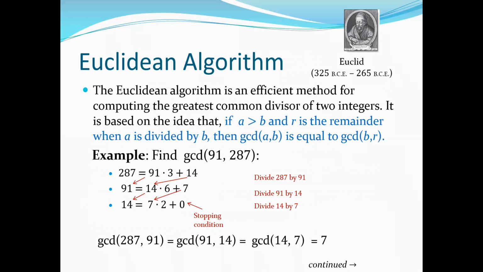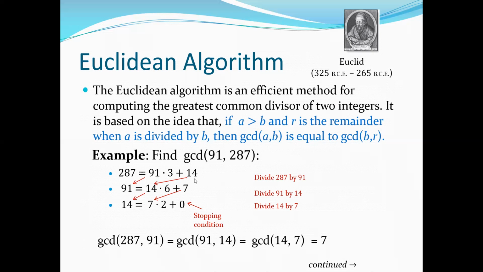For example, we're going to get the GCD of 91 and 287. We're going to divide 287 by 91 using the division algorithm. So 287 is equal to 91 times 3 plus the excess, 14.